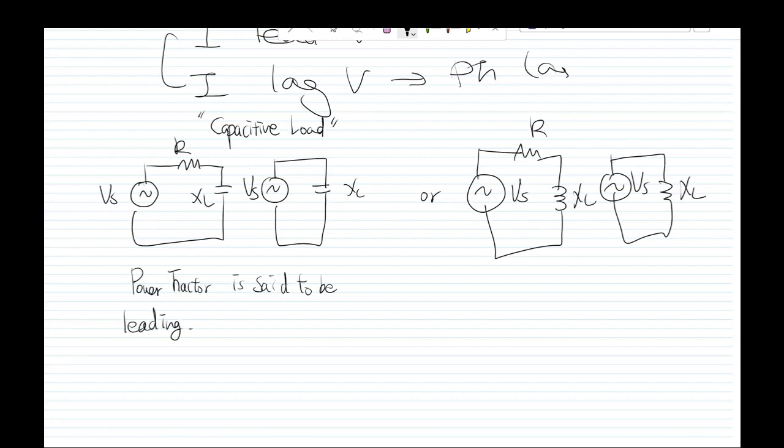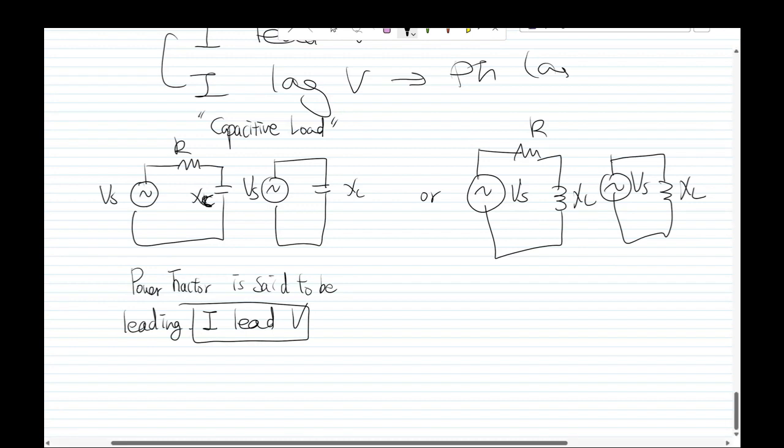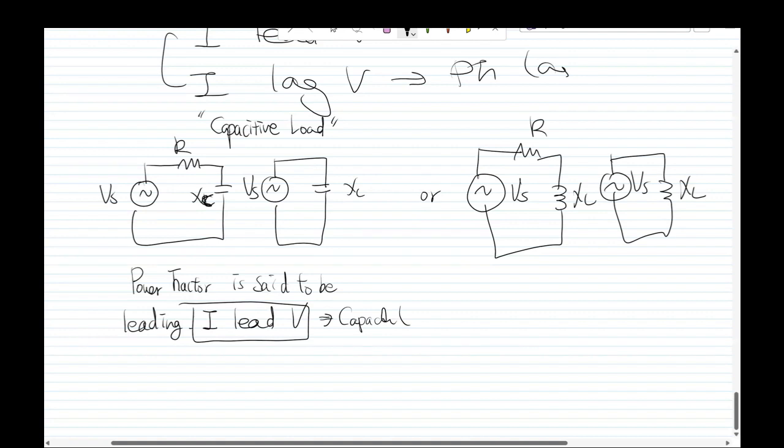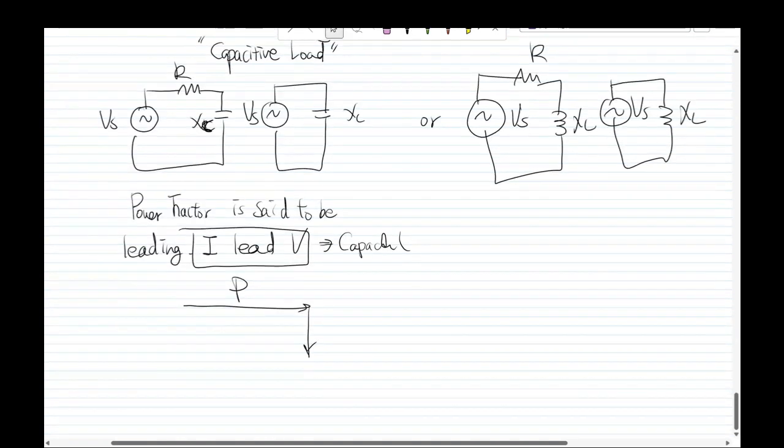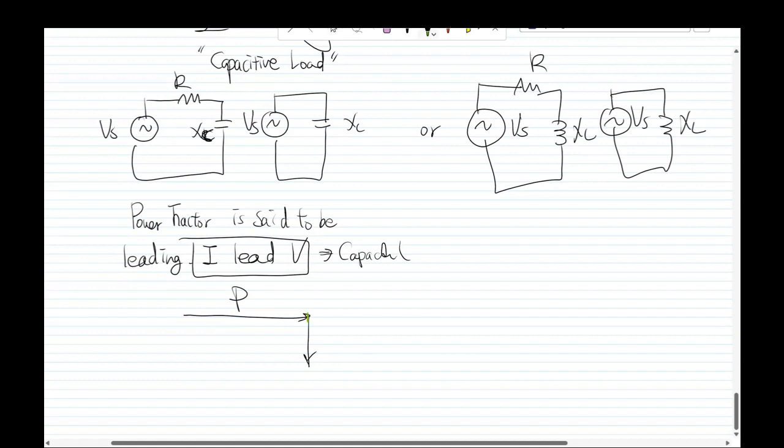Okay, why? Because for this case, oh, I'm sorry, this is C. For this case, the current leads the voltage because that is the capacitor load here. So for this case, P and Q point downward, very important.